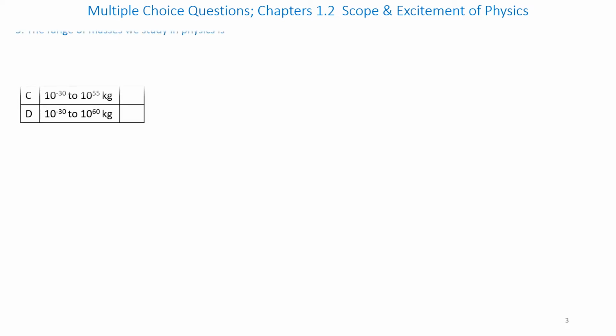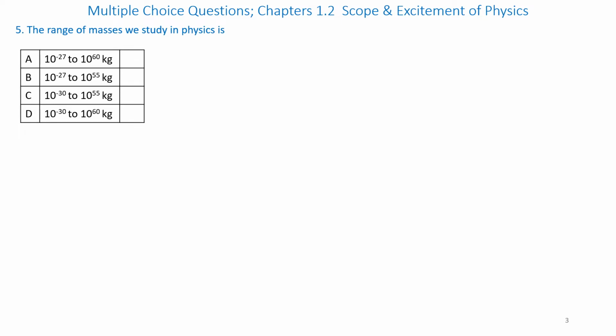In this section, we will take up some questions from section 1.2, that is scope and excitement of physics. Question number 5. The range of masses we study in physics is, range is given among the choices. Choice A is 10 to the power of minus 27 to 10 to the power of plus 60 kg.